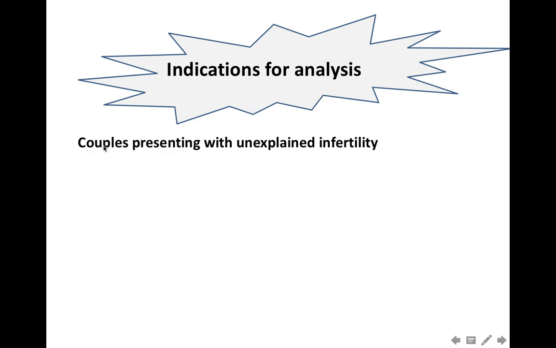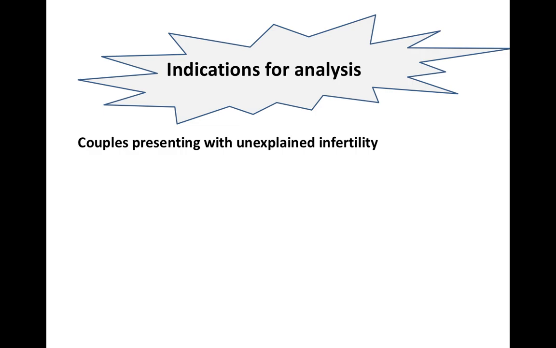You don't ask only the wife and you don't ask only the husband, because this can lead to social problems. So at the same time, ask for a karyotype in order not to have any misunderstanding. If you ask one partner only to do it, they may think that they are the cause for the infertility.